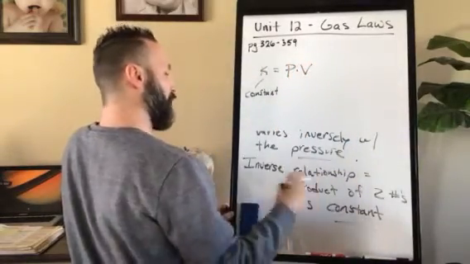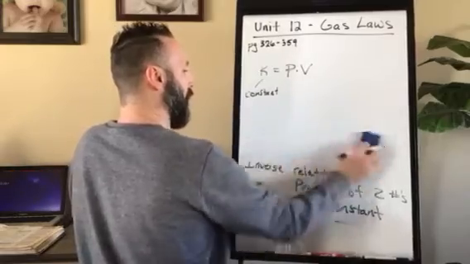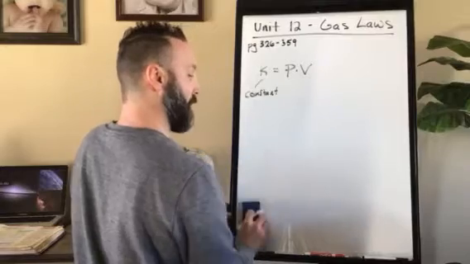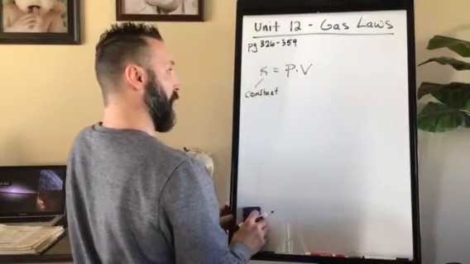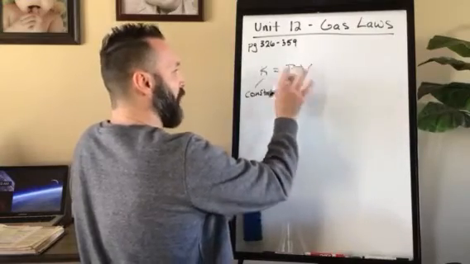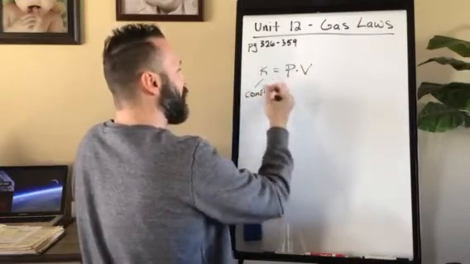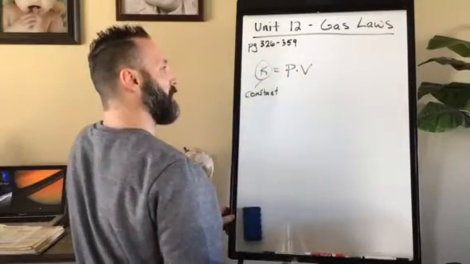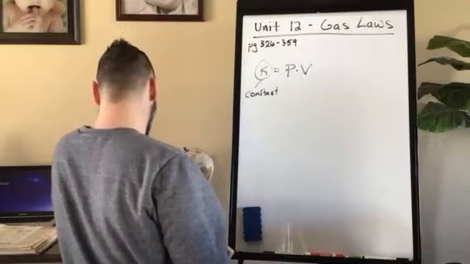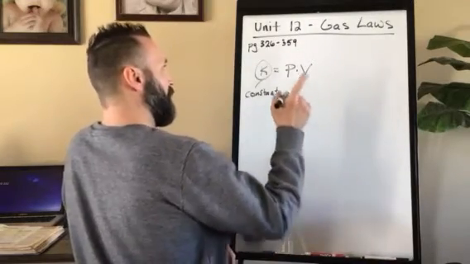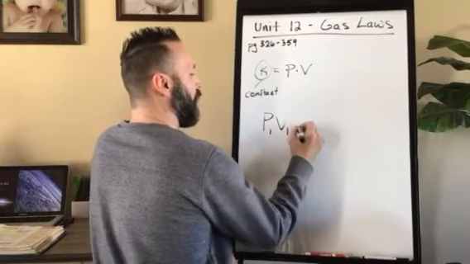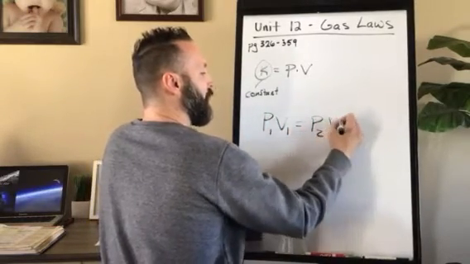And again, we're assuming in this Boyle's law that temperature is held constant, but our pressure and our volume can vary. No matter how the pressure and volume vary, no matter what they vary to, we're always going to get the same constant dealing with that same gas when the pressure and volume change. So Boyle's law states P1 times V1 equals P2 times V2.